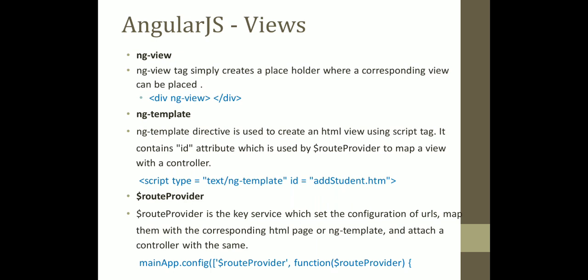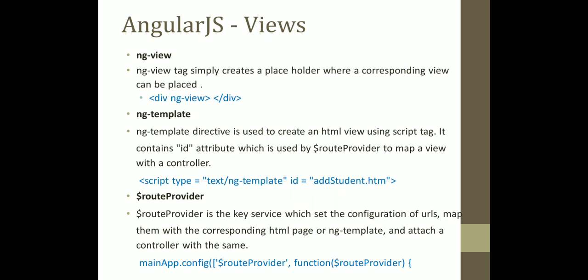So this ngTemplate and routeProvider have a connection between the two of them. Okay, so how will you include it in the script? Like opening the script tag, you have to define the type, that will be text/ng-template, and as told before, ngTemplate has an id. So the id here will be any id that you want to include. Here the id given is add student.html.